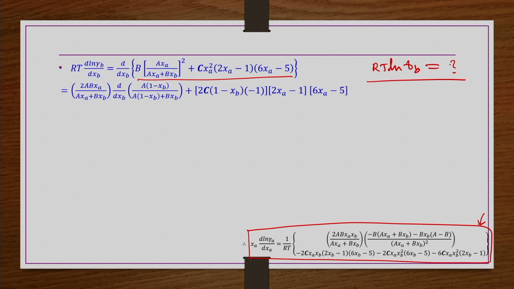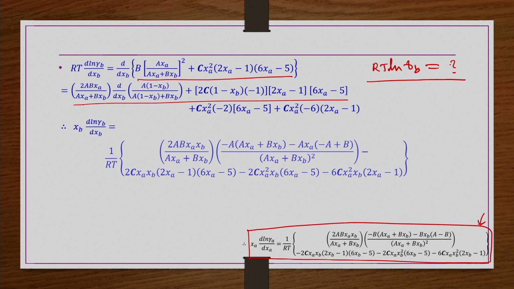Now do a similar differentiation as we did in the case of dln gamma A by dxa. Here we are doing the differentiation of this second term with respect to xb. We want to have all the terms in terms of xb, so wherever xa is there, you can write 1 minus xb, do the differentiation and then simplify.